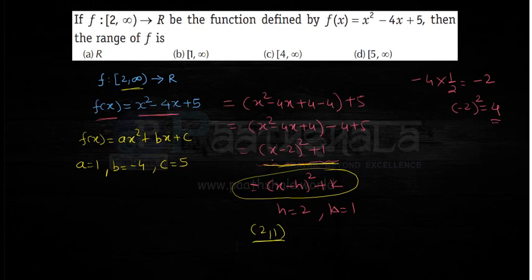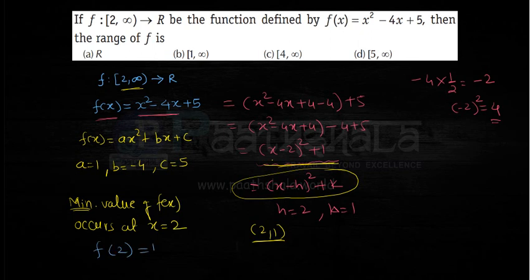If we substitute x equals 2, 2 minus 2 bracket square is 0 only, so it is 0 plus 1, that is 1 only. So the minimum value of f of x occurs at x is equal to 2, which is f of 2 is equal to 1.